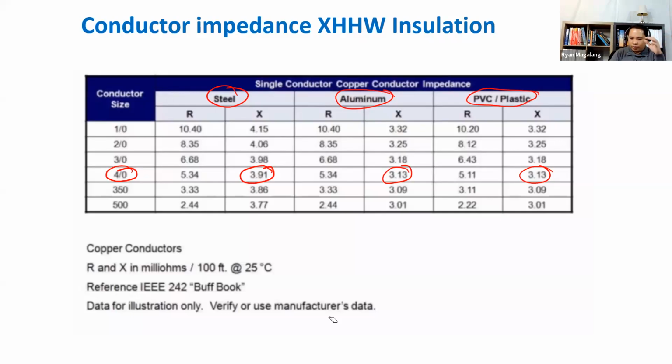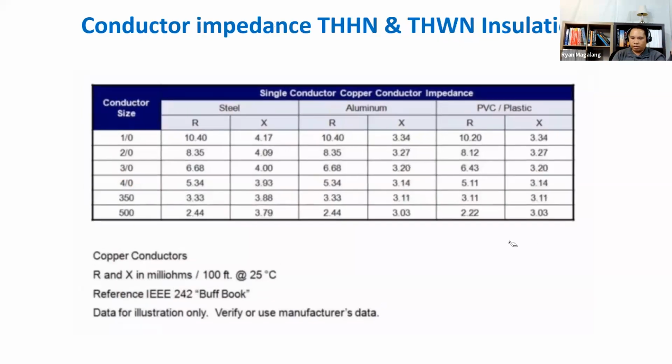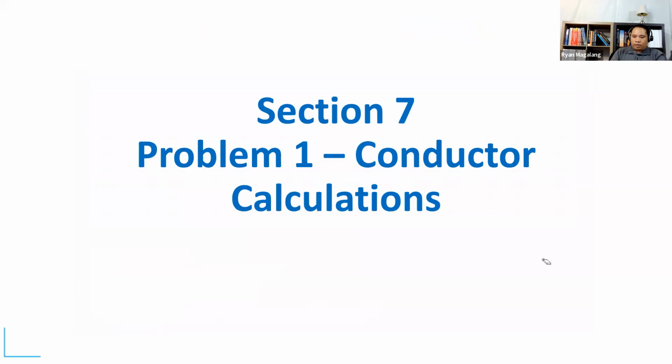And so you could see that for steel, the reactance is higher versus aluminum and plastic. So yeah, I hope that's useful information for you. So THW, RHW, RHH, and different kinds of insulation have different values. We're not going to go through that and spend too much time.